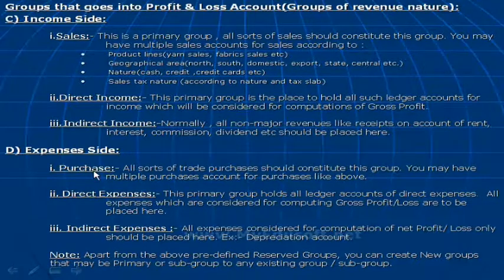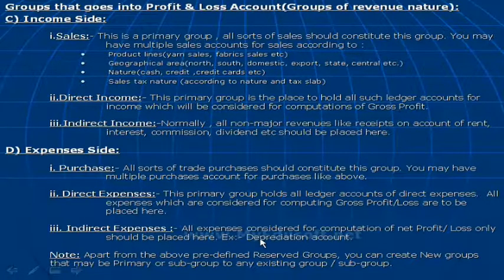Here we have to place items which we purchased and its other related information. Direct expenses. Here we have to maintain the expenses which we incurred directly for the manufacturing of the product. And next one is indirect expenses. Expenses considered for computation of net profit or loss only should be placed here.